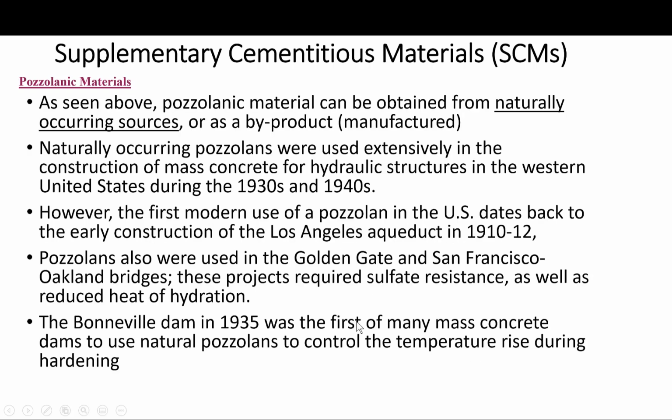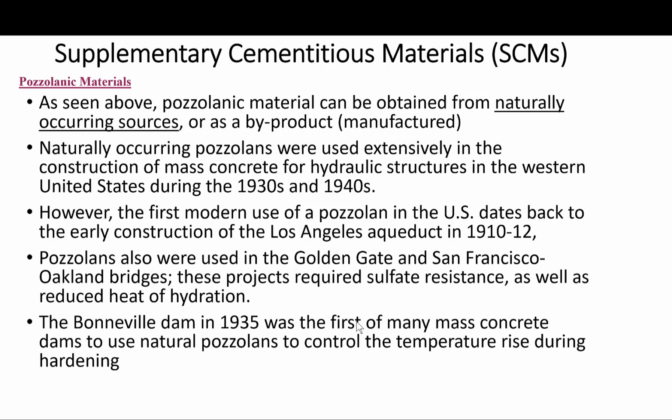Okay, so the naturally occurring pozzolans were used extensively in the construction of mass concrete, basically for hydraulic structures in the western United States during the 1930s and 40s. However, the first modern use of pozzolan in the US dates back to the early construction of the Los Angeles aqueduct between 1910 and 1912.